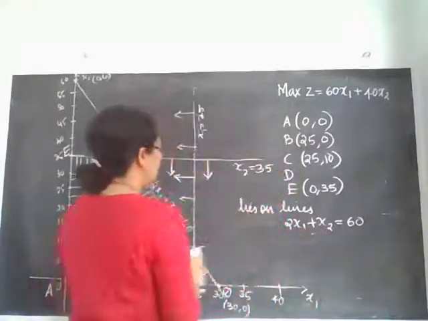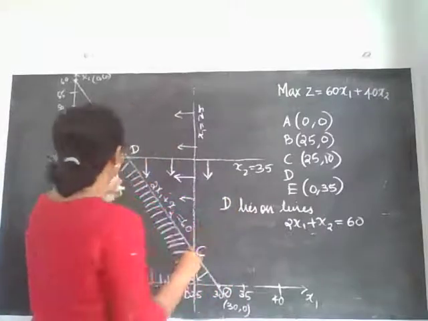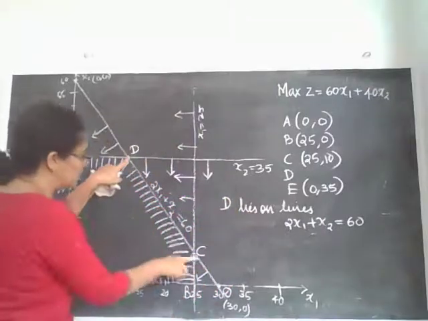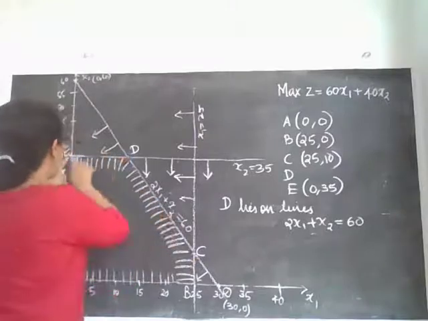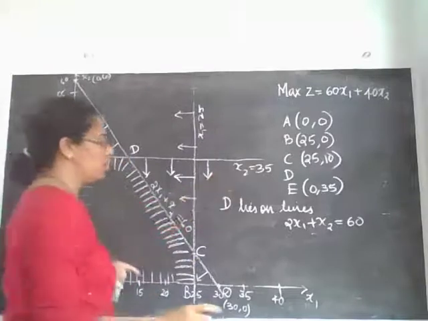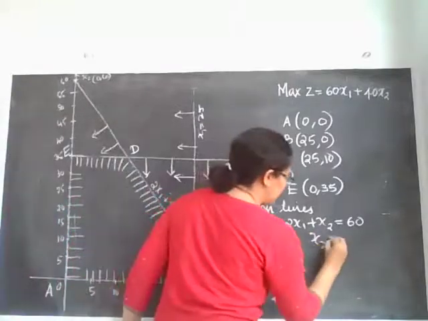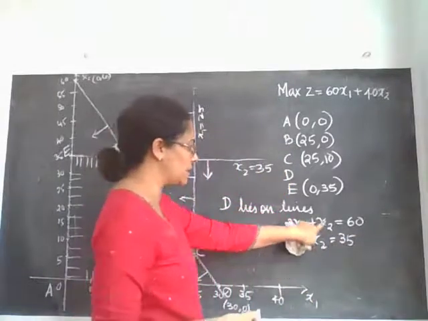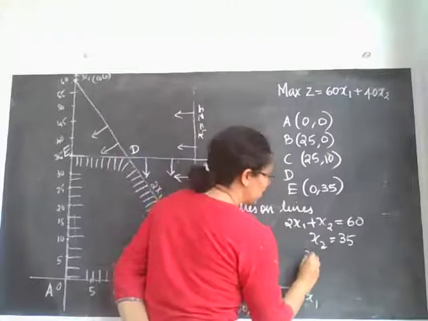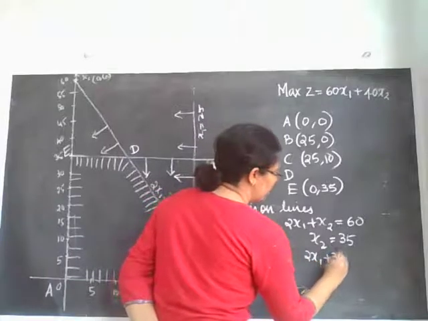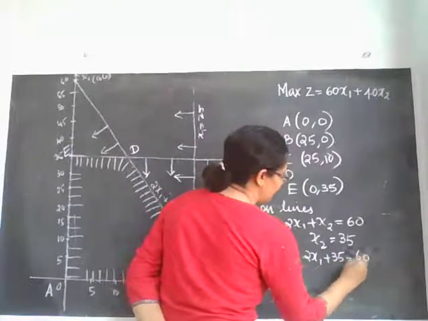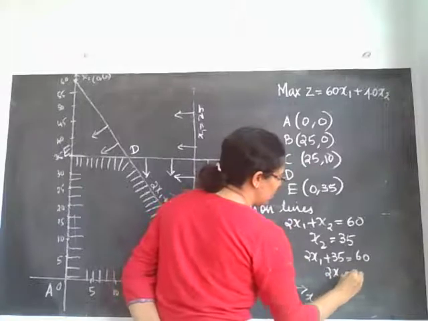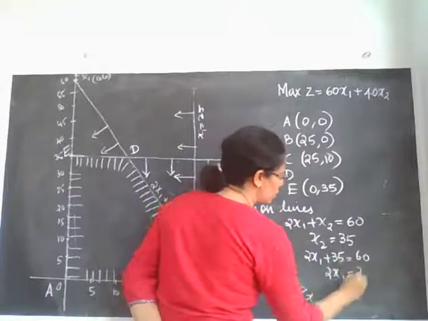Now D lies on the line 2x1 plus x2 equal to 60 and on x2 equal to 35. Since x2 is directly given, we substitute it. So 2x1 plus 35 equal to 60. Therefore 2x1 equal to 60 minus 35, equal to 25.